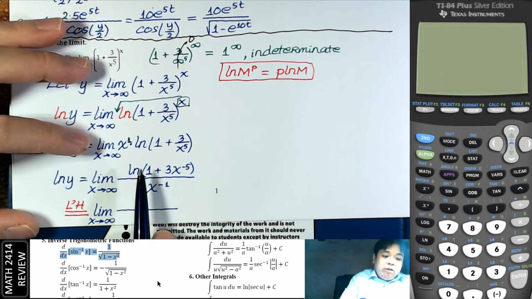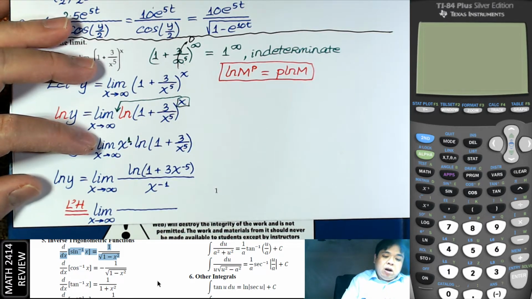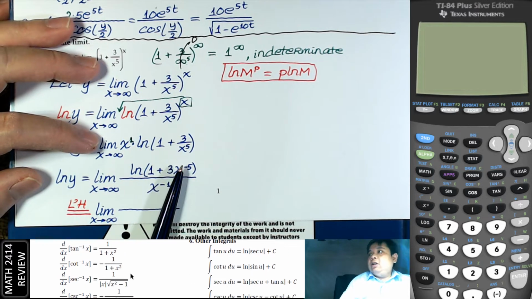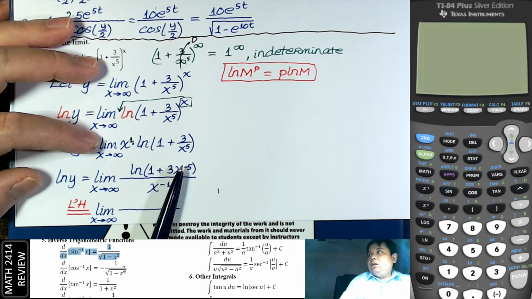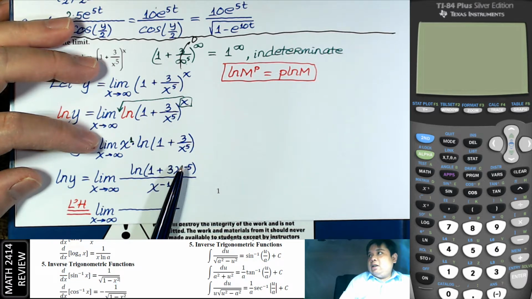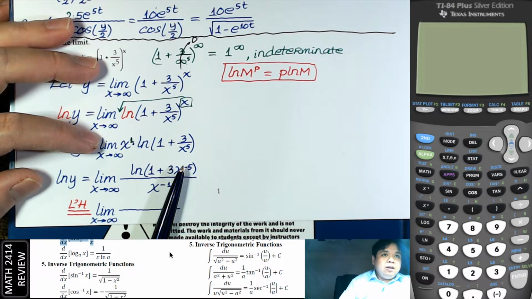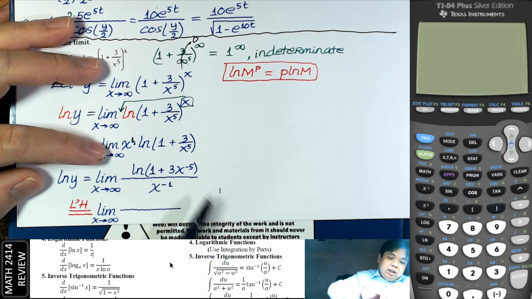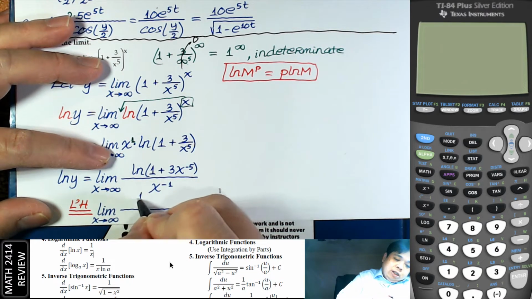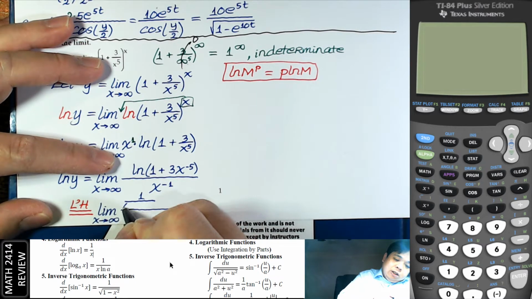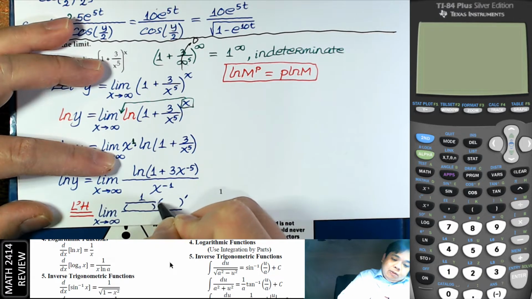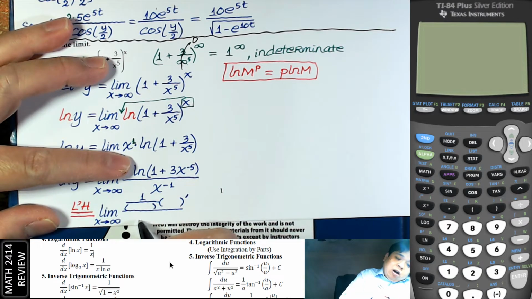And we take the derivative of the top and the derivative of the bottom. The derivative of ln of something is 1 over something, so it's going to be 1 over the parentheses, and then the derivative of the parentheses. The derivative of the bottom is -x to the -2, so that is easy.